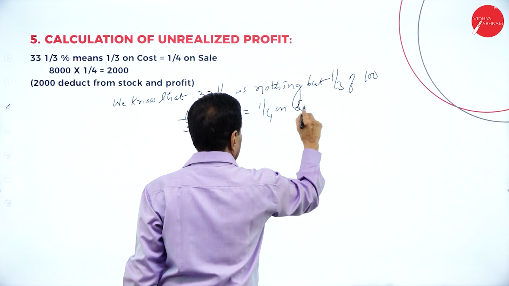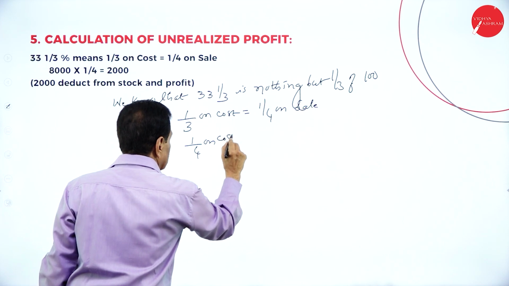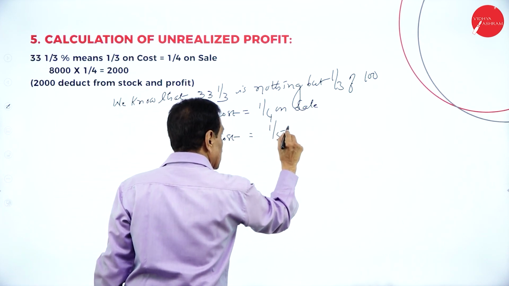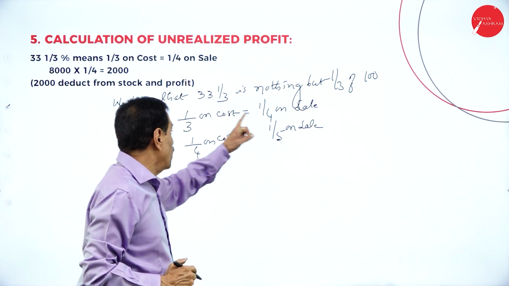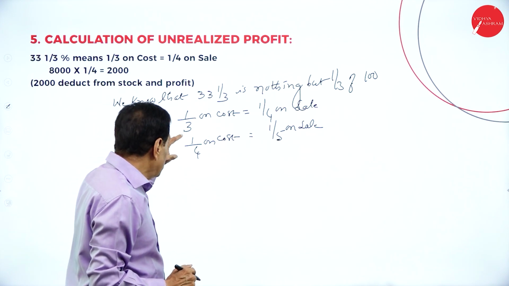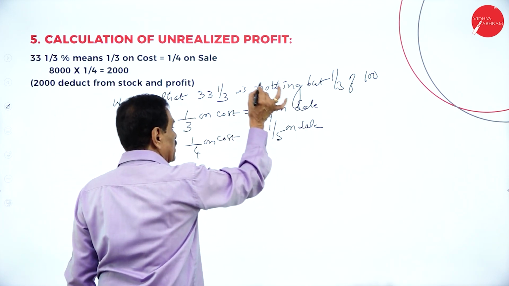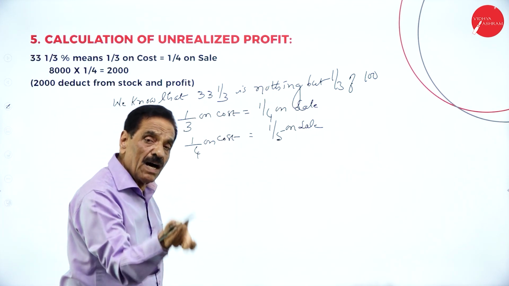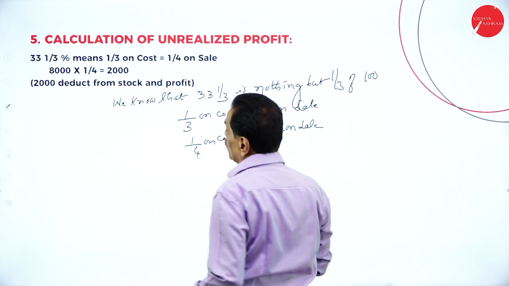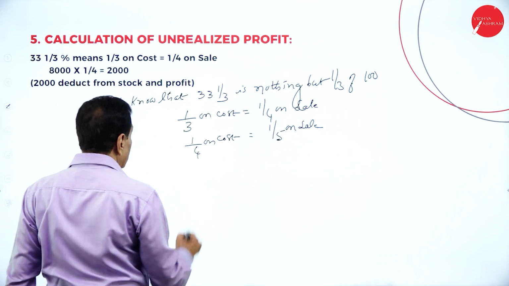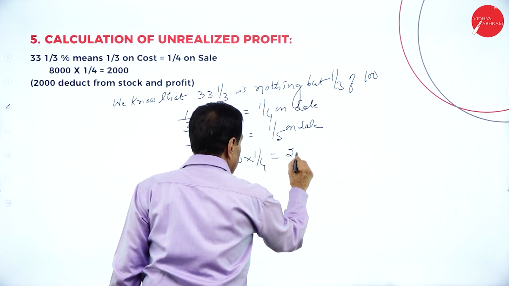This is one formula. Or 1/4 on cost is equal to 1/5 on sale. Here, 4 is the selling price, 1 is the profit, 3 is the cost price. I will repeat: 4 is the invoice price, 1 is the profit, 3 is the cost price. So here 1/4. So 8,000 is there. 8,000 into 1/4 is 2,000.